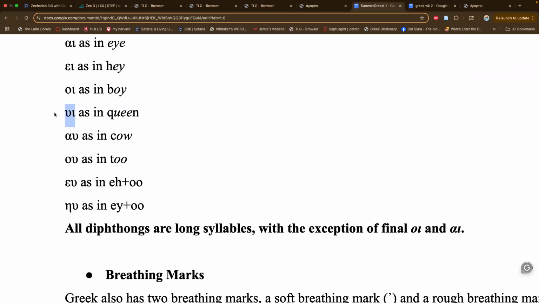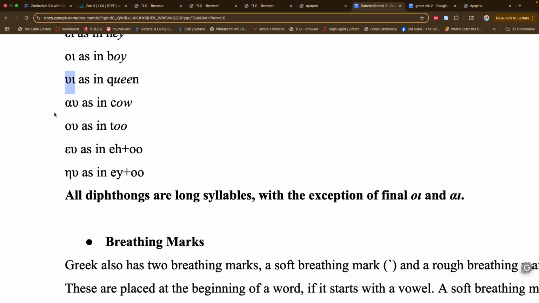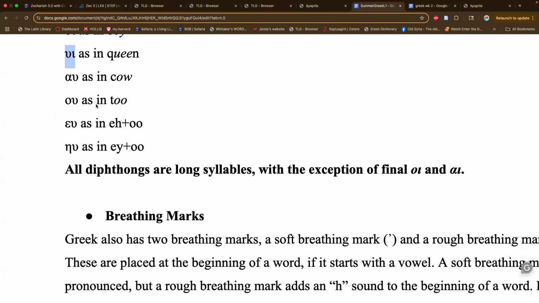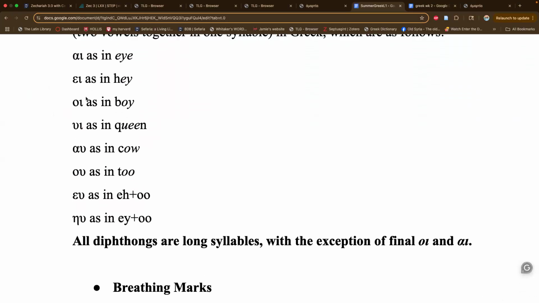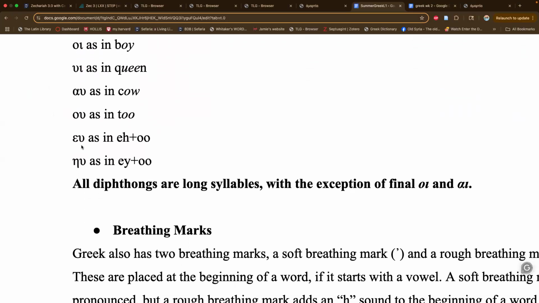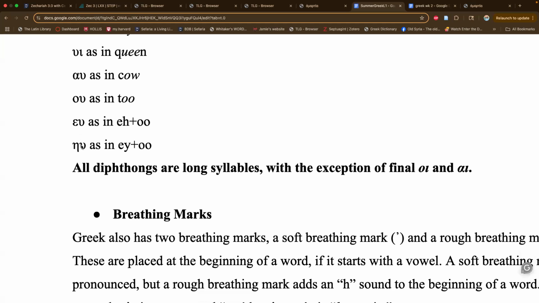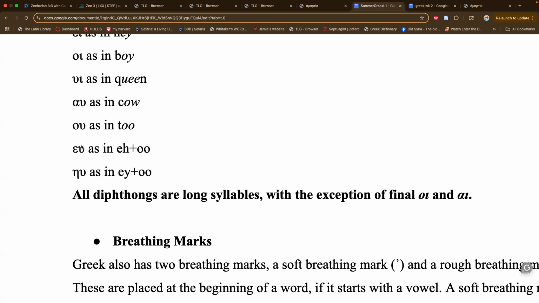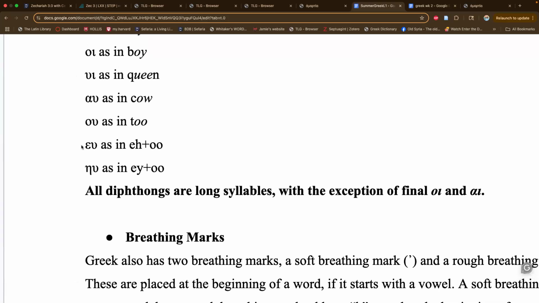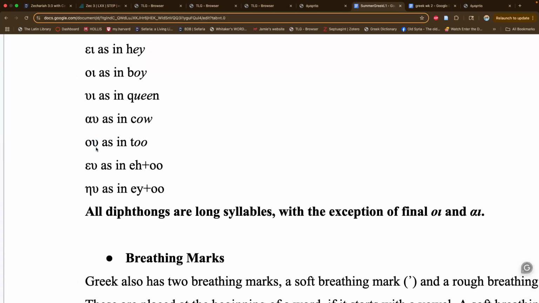Upsilon plus iota is ui, as in queen. Alpha plus upsilon is ow. Omicron plus upsilon is U. Note that this will sound basically identical to the pronunciation of upsilon alone. They're both U.